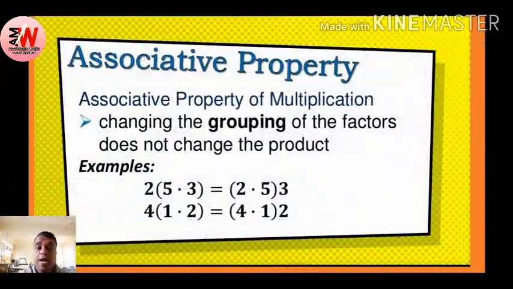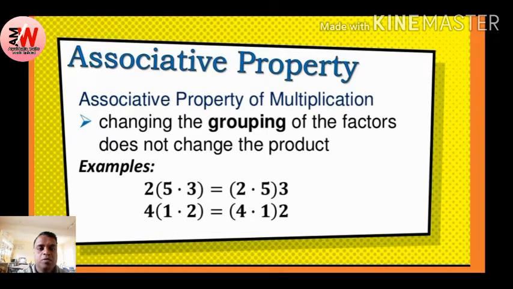Next we move to the associative property for multiplication. It is the same. Changing the grouping of the factors does not change the product, just as we did in addition.